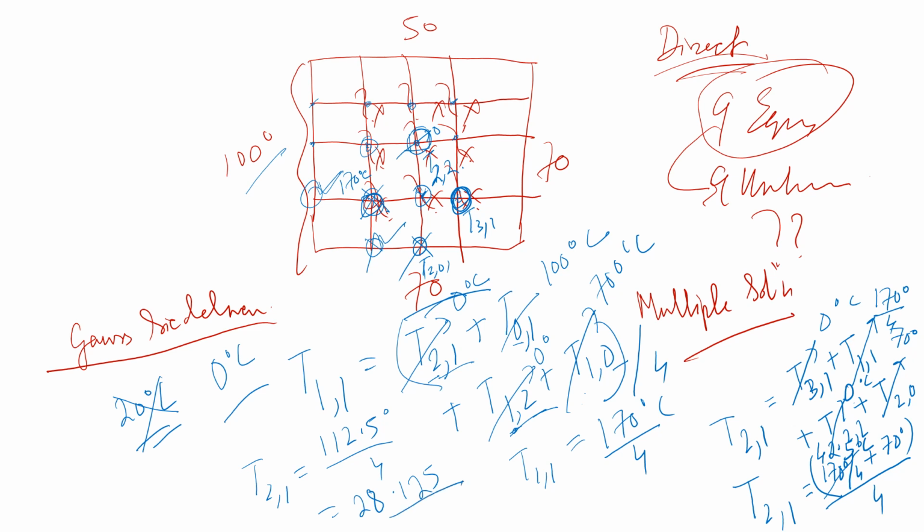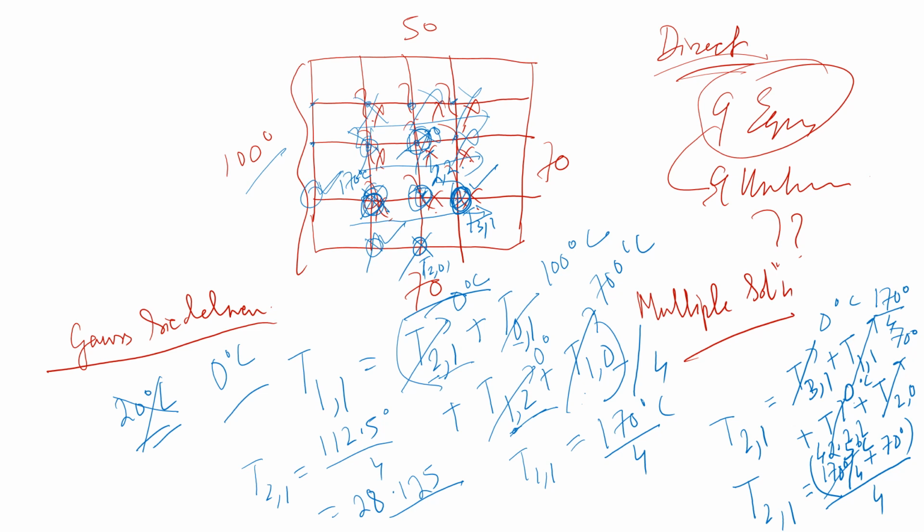Right? And in a similar manner, you can find out the temperature here. Then you again move to this. As I have said, the movement will be like this, like this, like this. So you will find the value of this, then this, right?